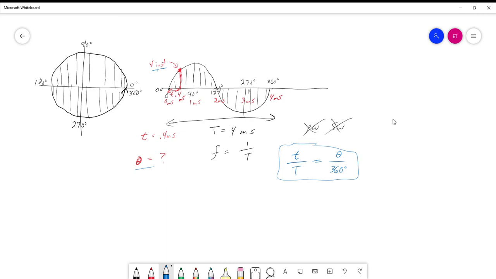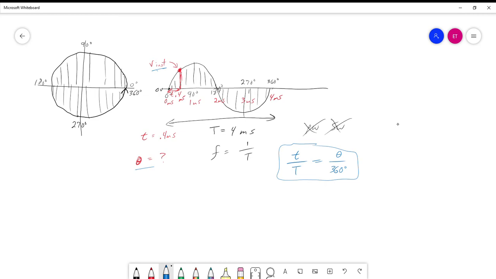It doesn't measure degrees. You have to always be calculating that and converting to degrees. So your scope skills get you time measurements, but then you have to use this formula, or probably just this relationship, this ratio.